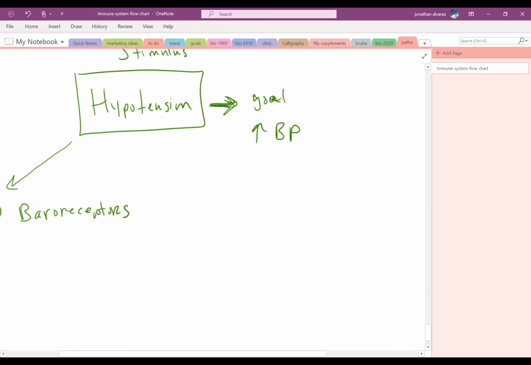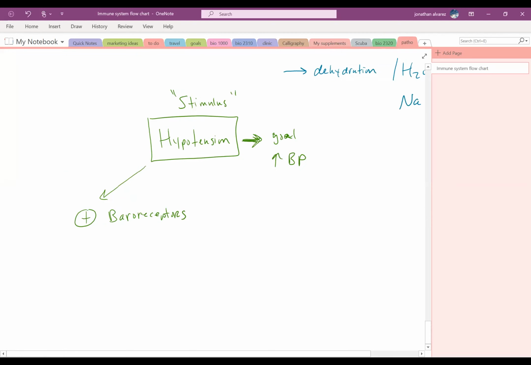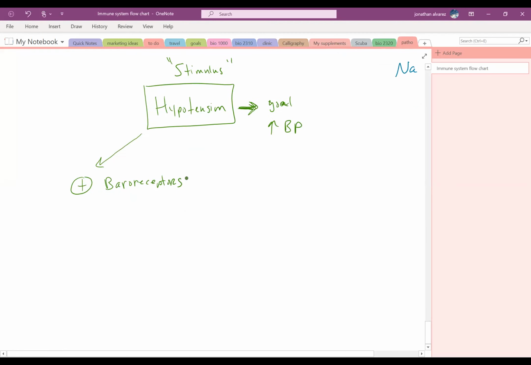Okay, that would have been an ANP2 thing. So you can write that down. So the baroreceptors are located in your carotid sinus and the aortic arch. Okay, but these become activated.